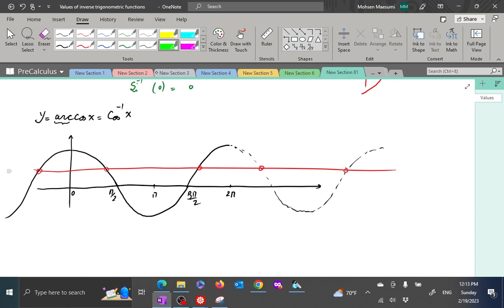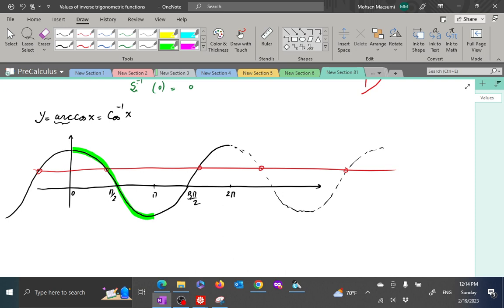So what is the choice here? Notice that I cannot go left and right because that's already violating the horizontal line test. So I have to go on one side, and the traditional choice is the following. We go from 0 to pi. This portion of cosine does not have the violation of having multiple intersections.